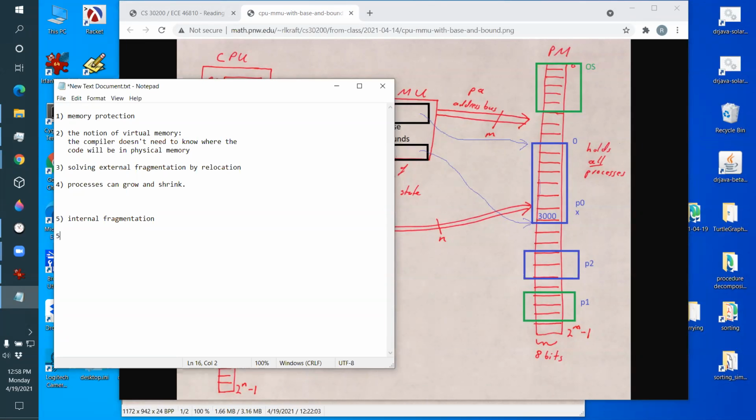We also want processes to be able to share memory. And another thing we want to be able to do is, this one's kind of weird.